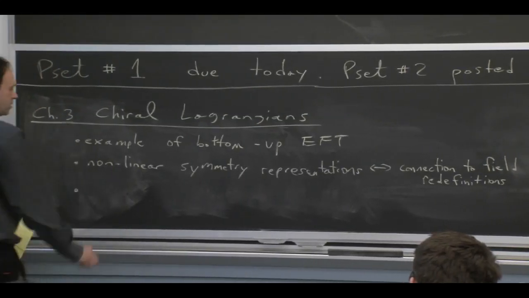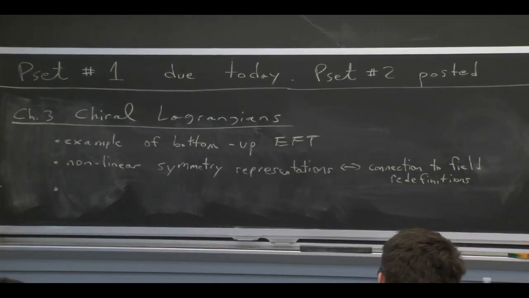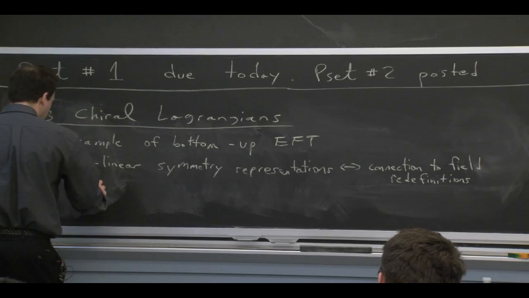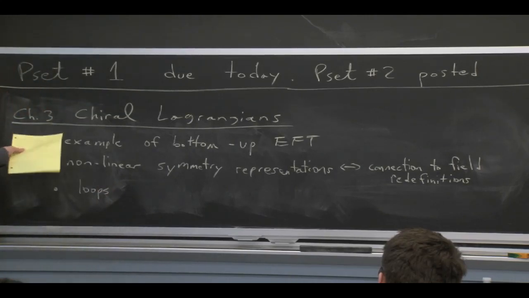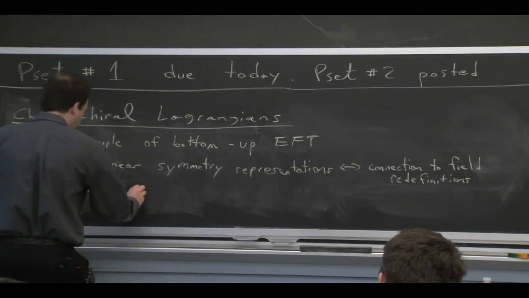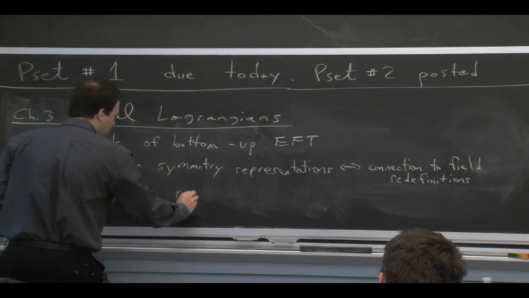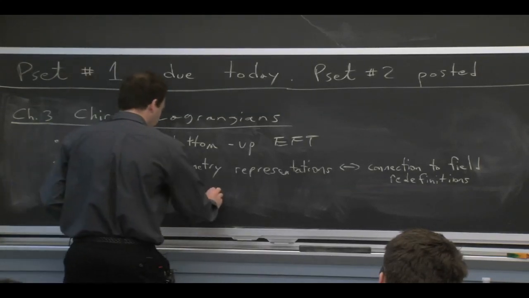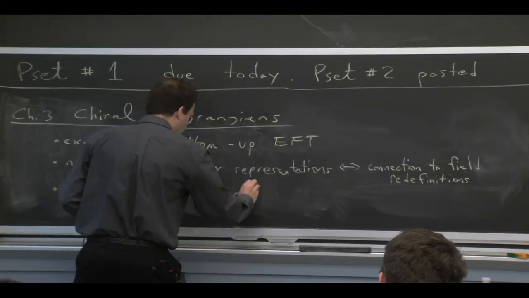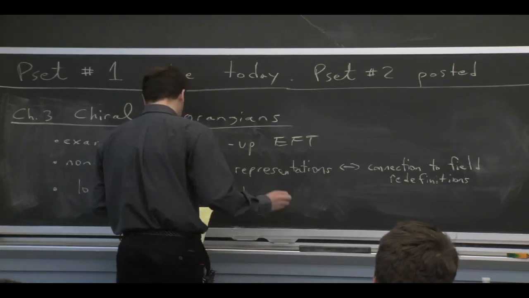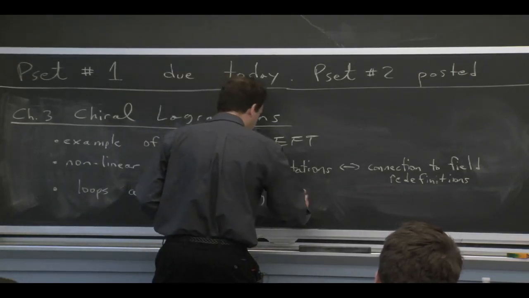Since field redefinitions is something we've been talking about, we'll talk about that. Another thing that this is an example of is an example where loops are not suppressed by the coupling constant. Instead, they're actually suppressed by powers in the power expansion.